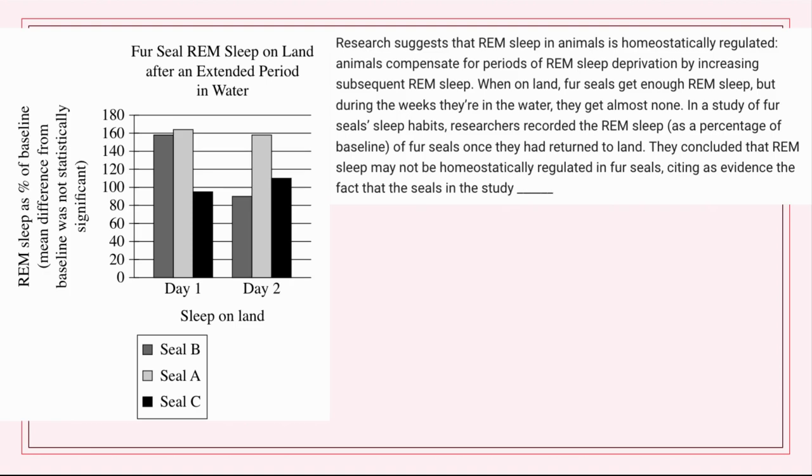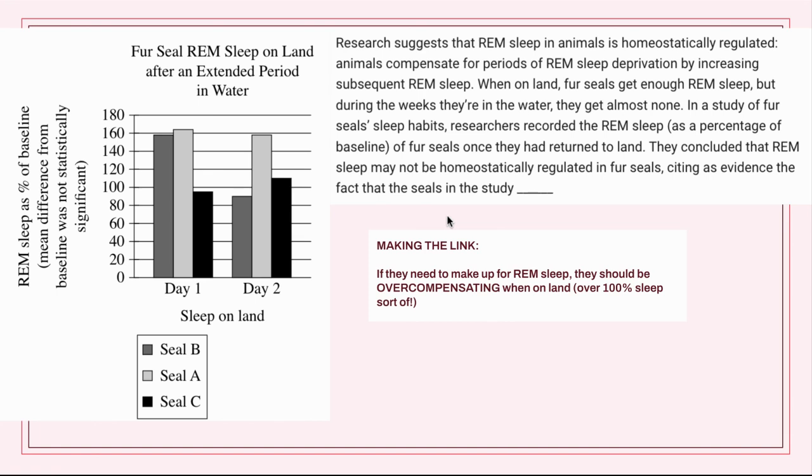Okay, so what are they saying here? Basically, they're saying this REM sleep, whatever that means, when they're in the water, they barely get anything, right? But if they're homeostatically regulated, that means when they get on land, if they're deprived of it during the water and they want to compensate for that sleep on land, that kind of means they're overcompensating when on land.